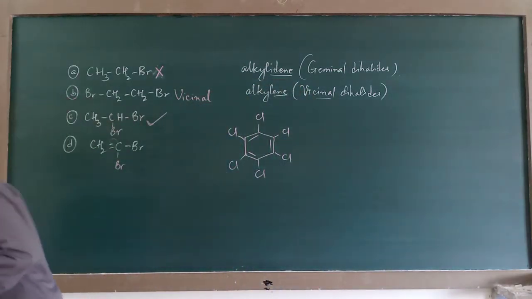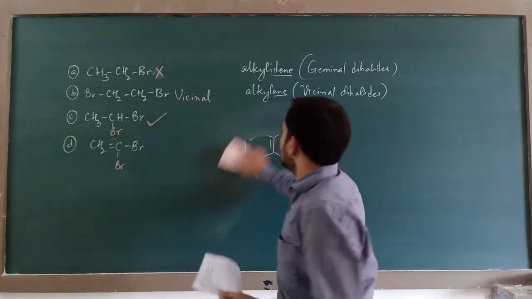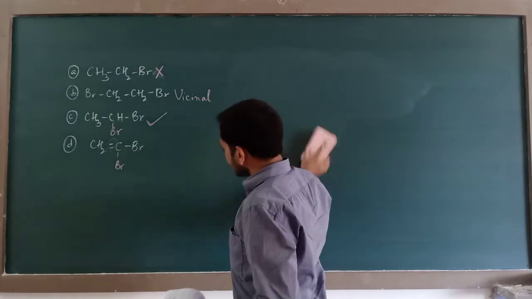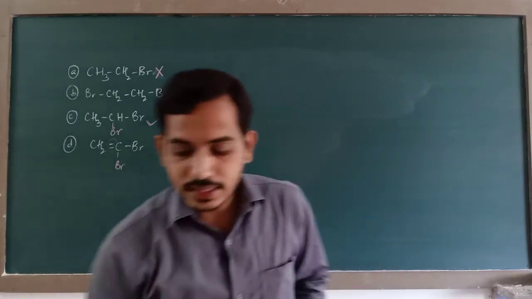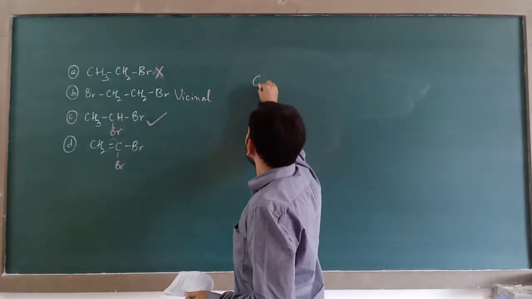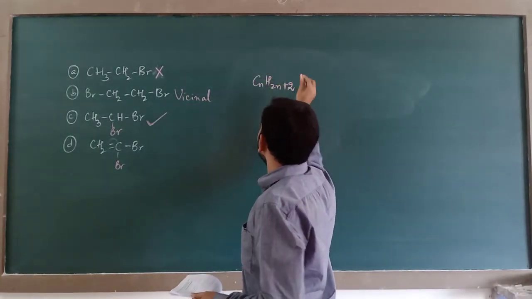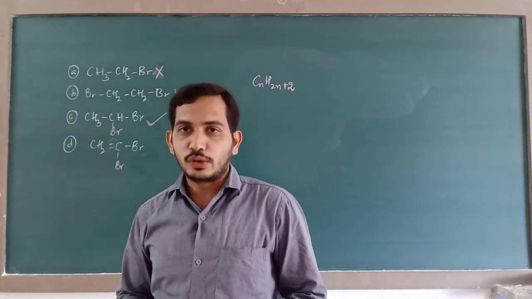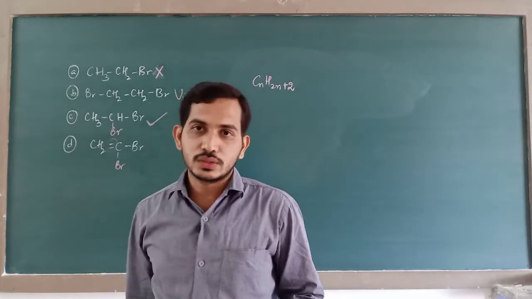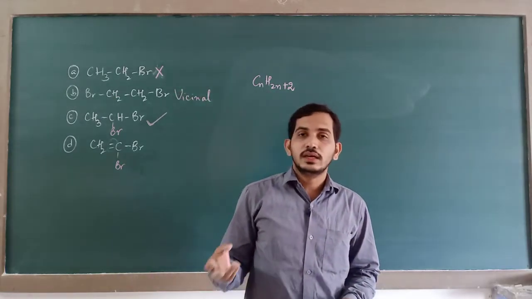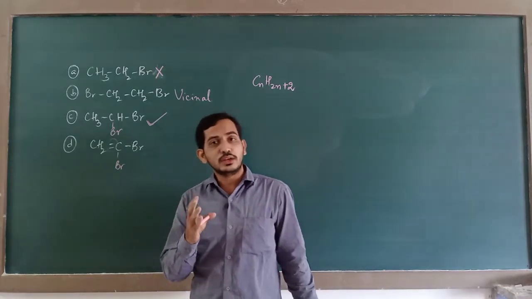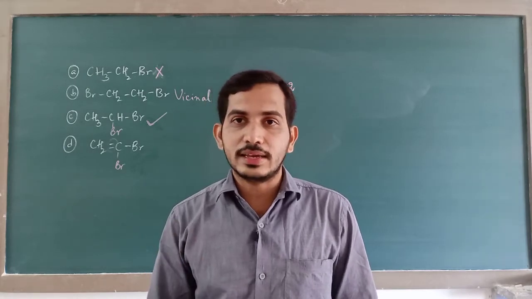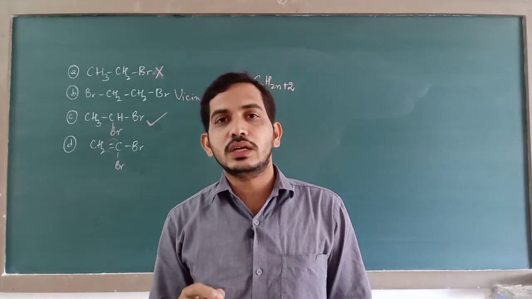Then the general formula for alkyl halides is, you see alkanes have a formula CnH2n+2. Now if I am supposed to insert one halogen into this formula by replacing one hydrogen, because by definition haloalkanes are the halogen derivatives of alkanes. This means one or more number of hydrogen atoms from alkanes are replaced by equal number of halogens.